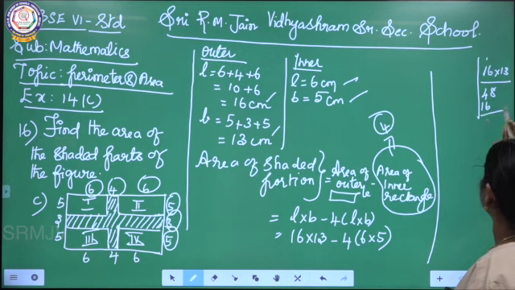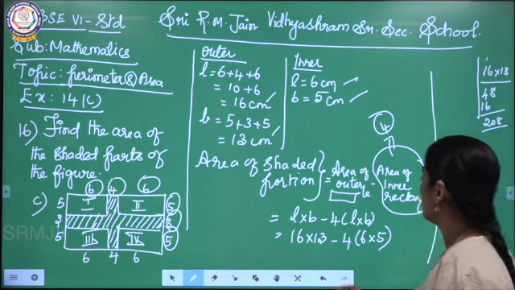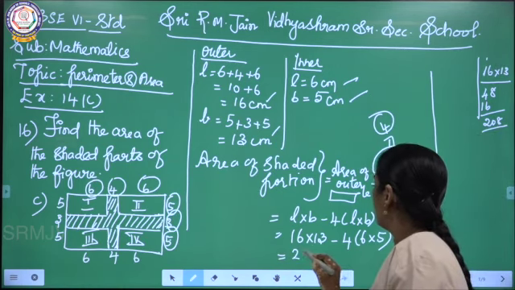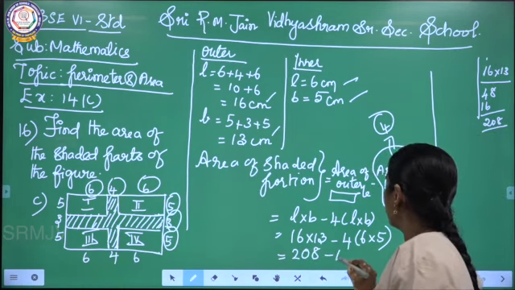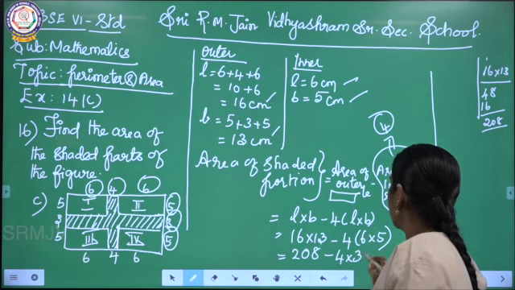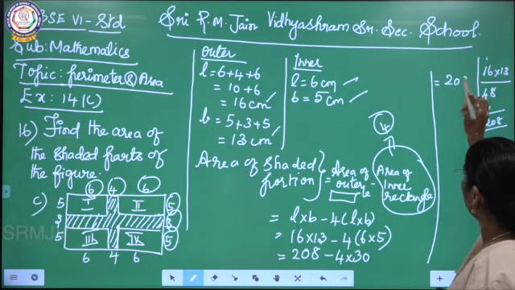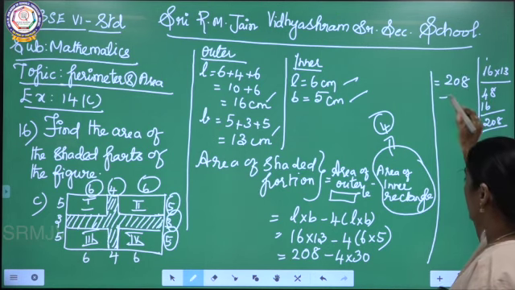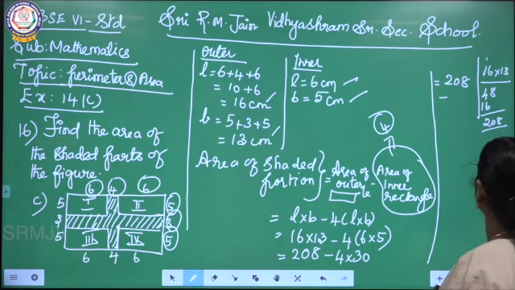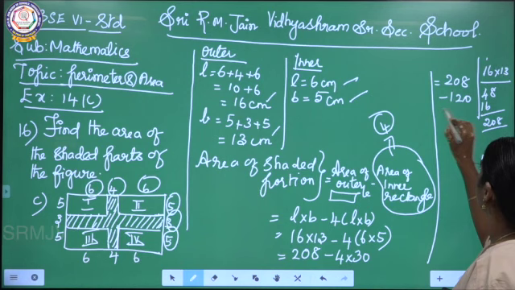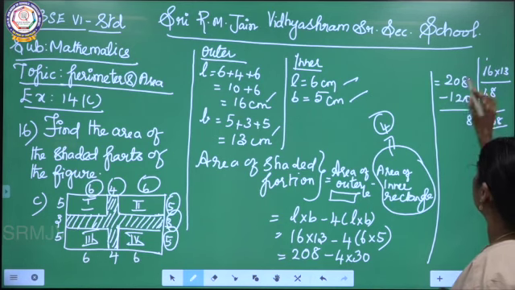Next, 16, which is 208. So, 208 minus 4 into 6 5s are what? 30. So, listen, 208 minus 4 30s are what? 120. So, 120. Listen, 8, 10 minus 2 is what?